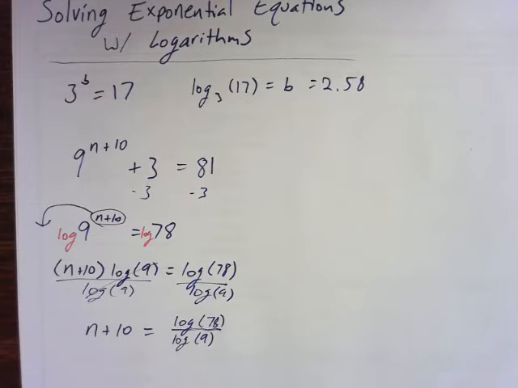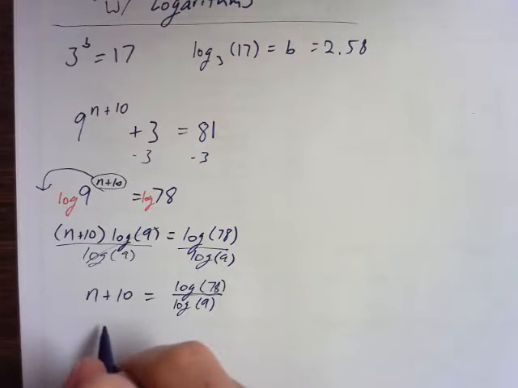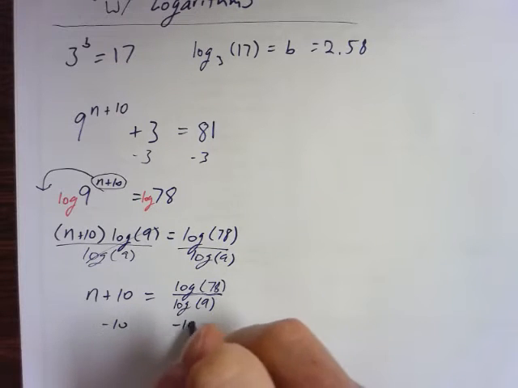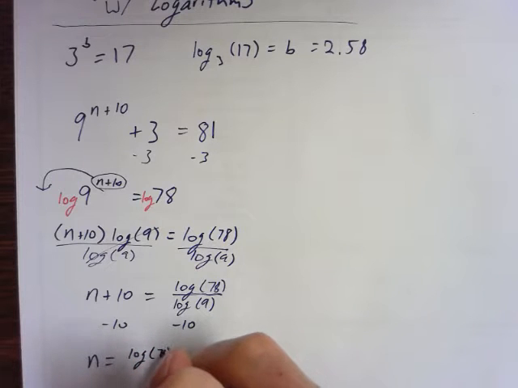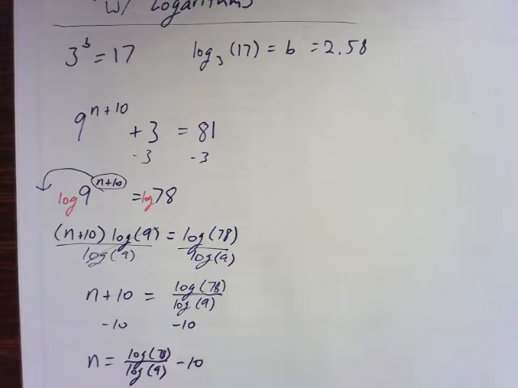And then the last thing I have to do to get n by itself is to simply subtract 10 from both sides. And I would be left with n equals log of 78 over the log of 9, and subtract 10 from all of that.